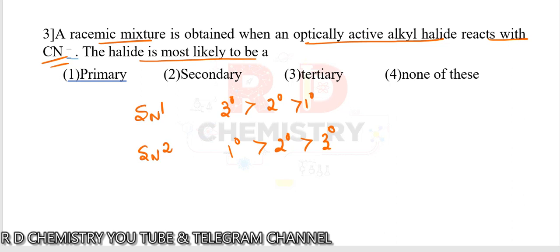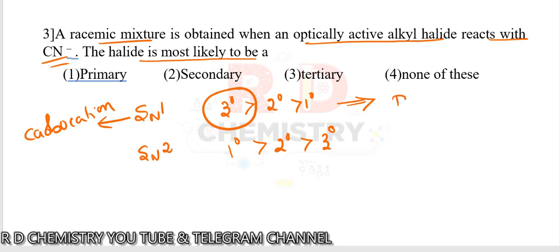Remember, in case of SN1 mechanism, there is a carbocation mechanism, and in that carbocation mechanism, tertiary carbocation is more stable. So there will always be the racemic mixture that is formed. In case of SN2 mechanism, there is a transition state that is formed.